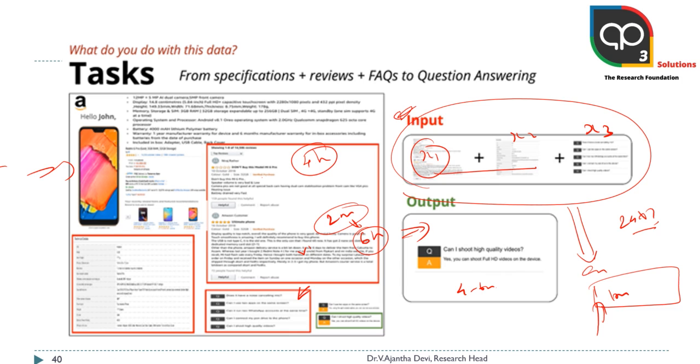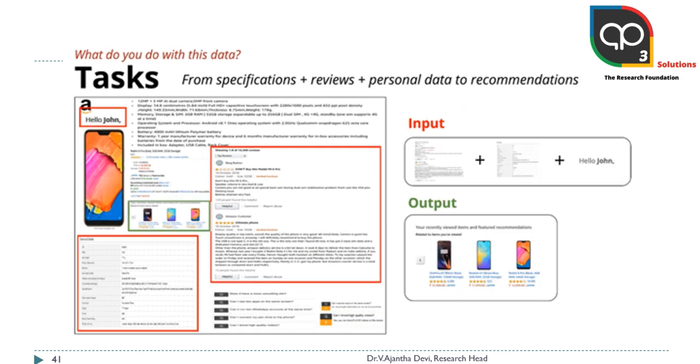Once you have that and these X and Y pairs, you have a task defined. From that data, your job is to define various tasks that can be solved. A task is nothing but a crisp definition of what your input is and what your output is. Okay, let me go to another task.